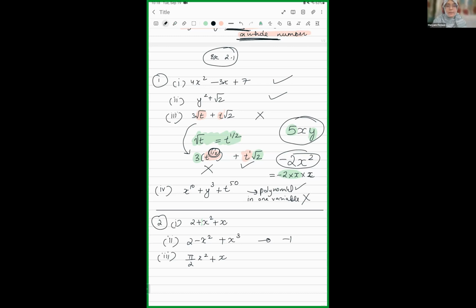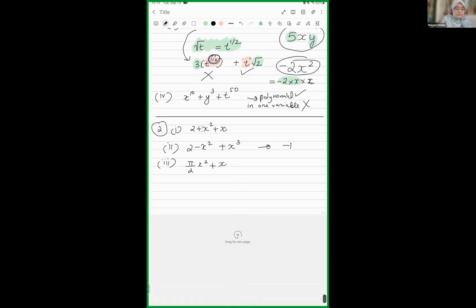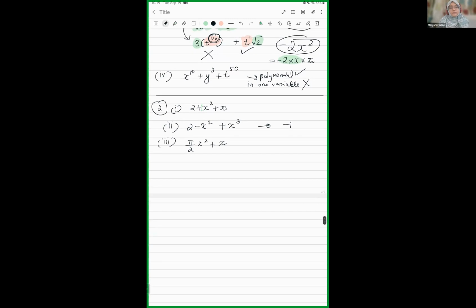Pi by 2 x squared plus x. What is the coefficient of x squared in this? We shouldn't have to wait this long. It's a very simple question. Yes, Preshita. It's pi by 2. So this is going to be pi by 2.